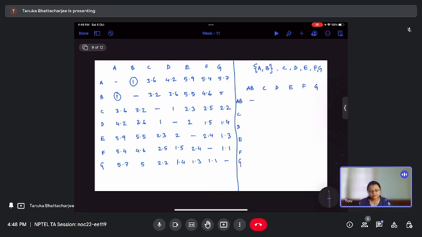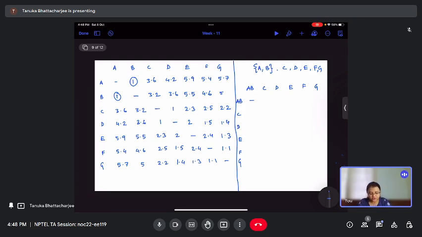Now when computing, you are using single linkage, keep that in mind. So when computing the distance between any cluster and the cluster AB, you will have to take the minimum of all the pairs of distances, where each pair is formed by taking one sample from the cluster AB and another sample from the other cluster.